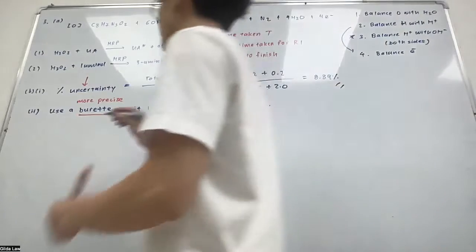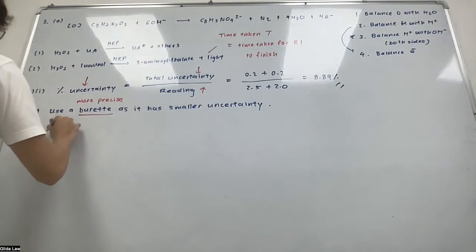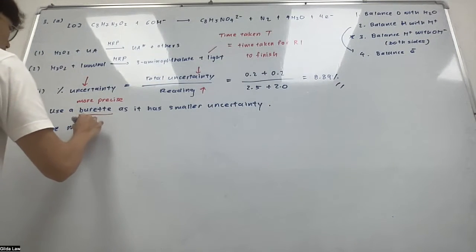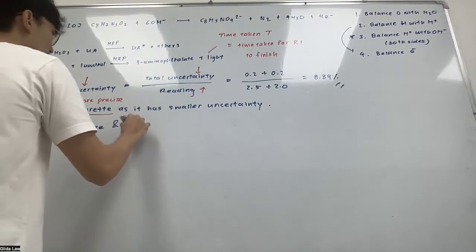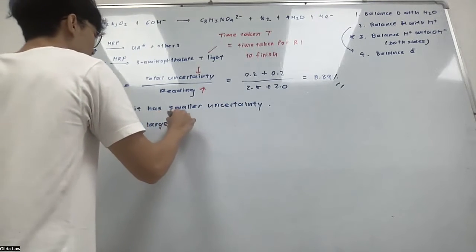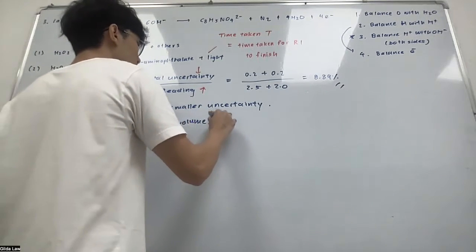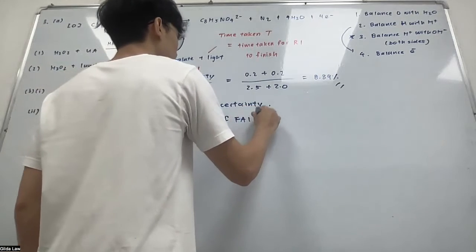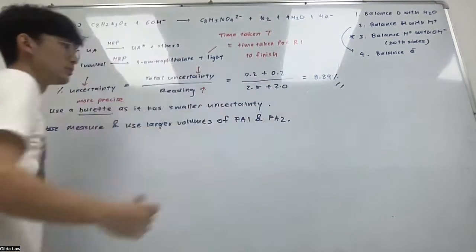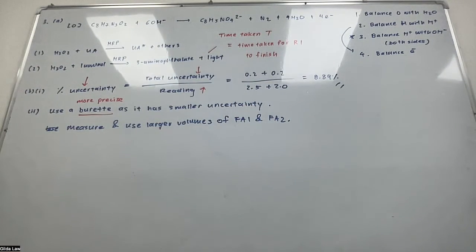So go and write this down: measure and use larger volumes of FA1 and FA2. This is just something you need to take note of, typical stuff, so next time you can remember this.